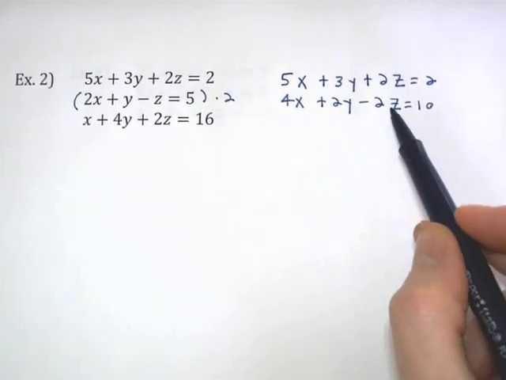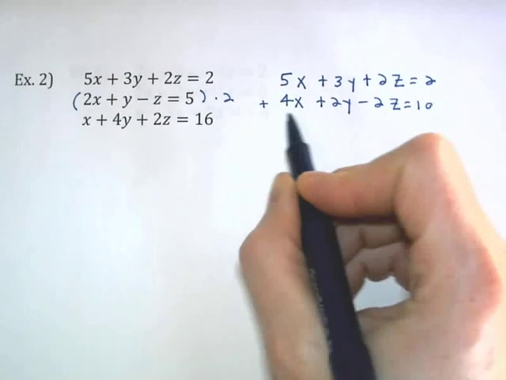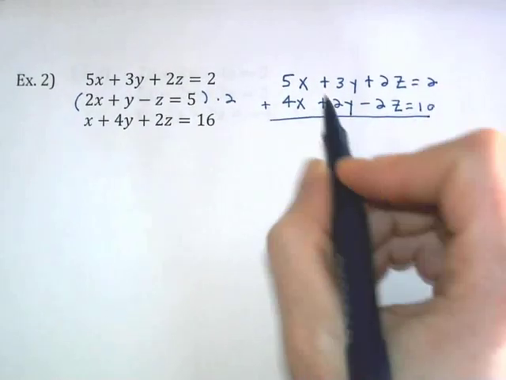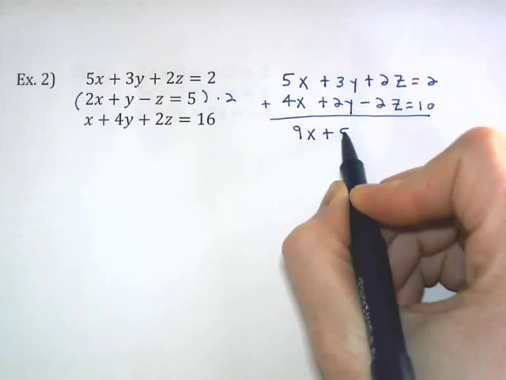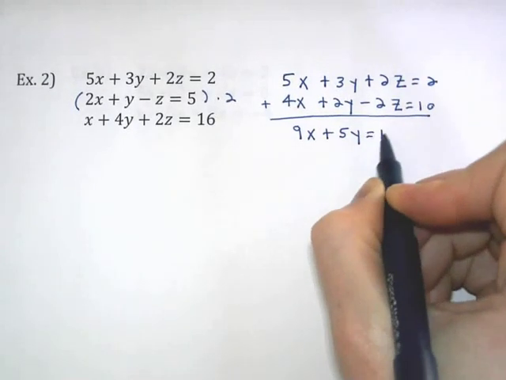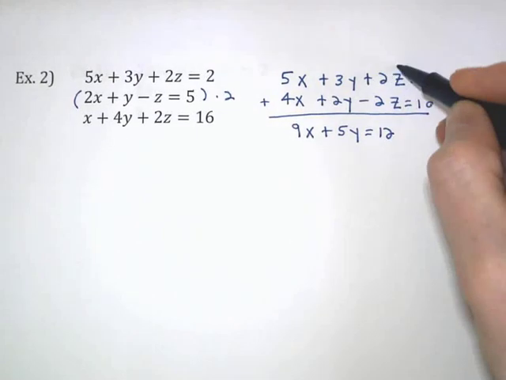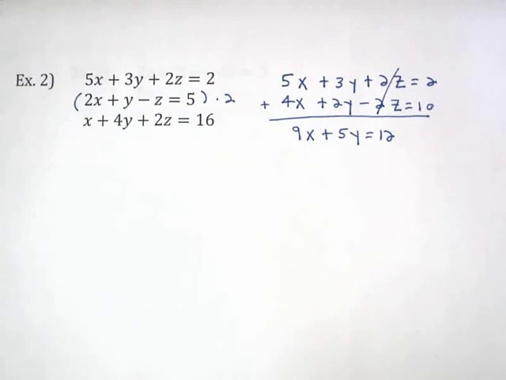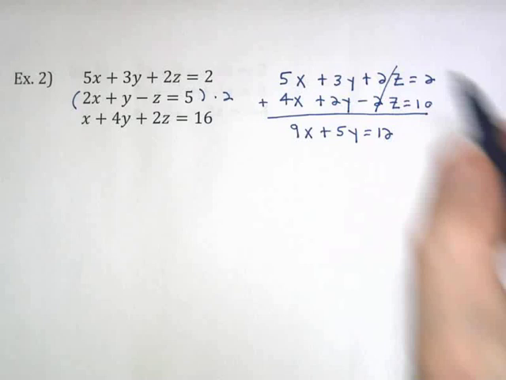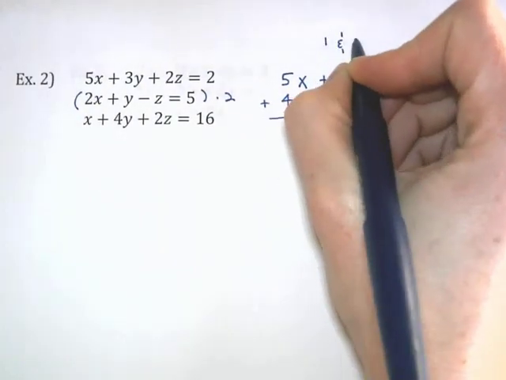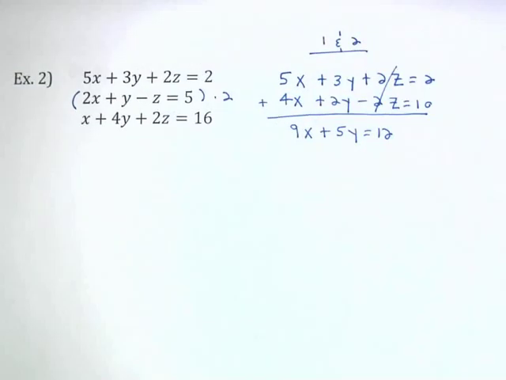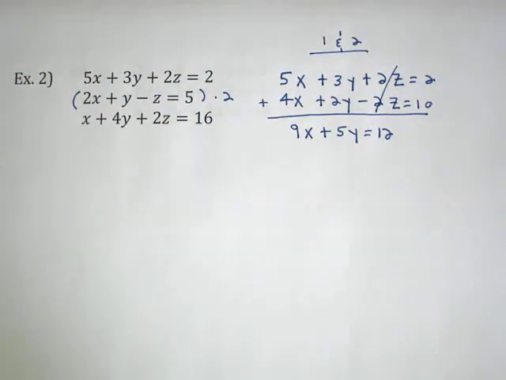And so there you can see that we have the opposites that we need. So I'm going to go ahead and add my 2 equations together. That will give me 9x plus 5y equals 12 because my z's have been eliminated. And I'm just making a note right here that that was equation 1 and 2. It just kind of is helpful if I'm trying to look back at my work and see what I've done.